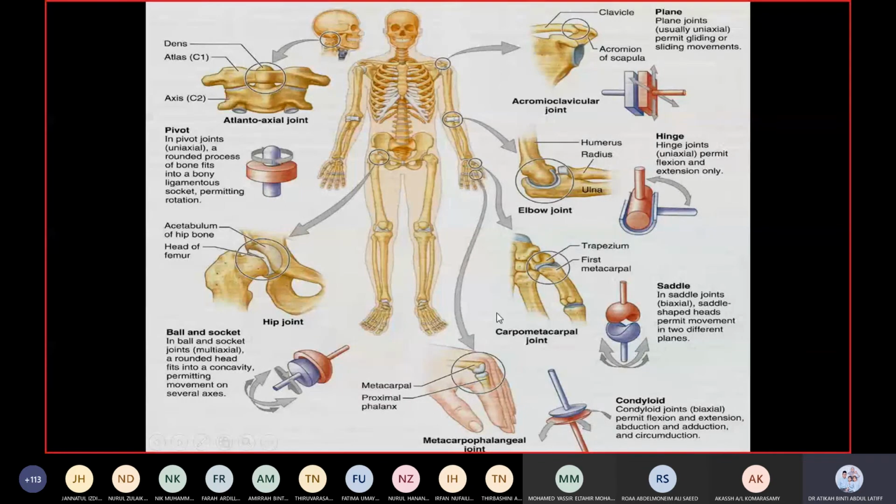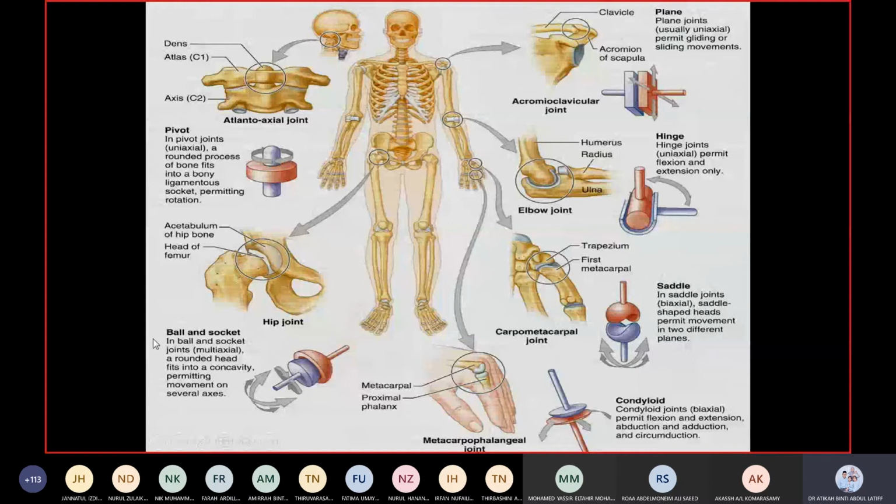Between your metacarpal and phalanx, the metacarpophalangeal joint, it is a condyloid joint. The difference is circumduction. Here you have more circumduction. Here you have limited range of circumduction, or sometimes no circumduction.